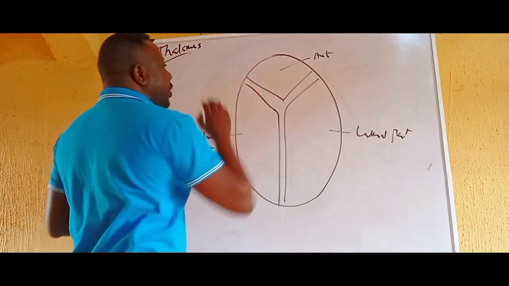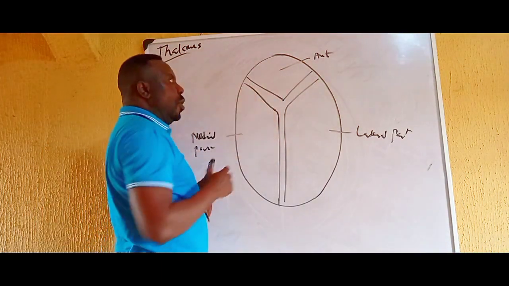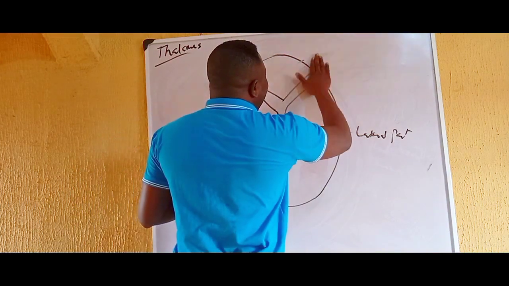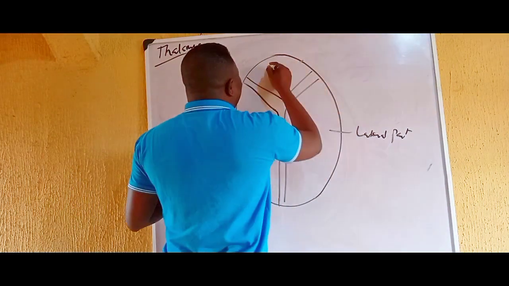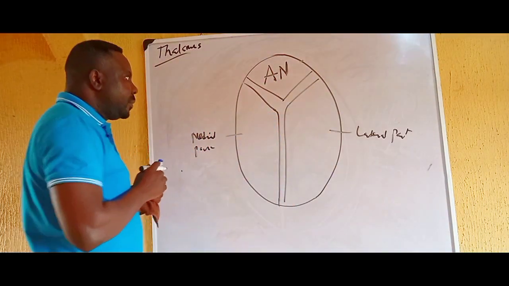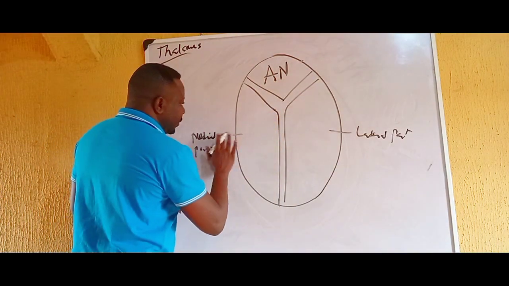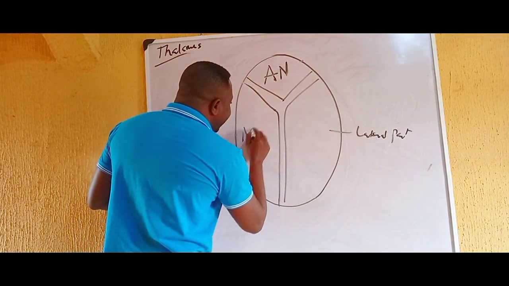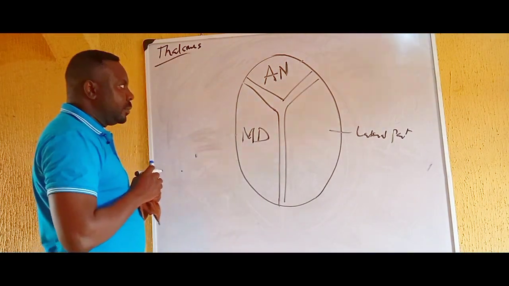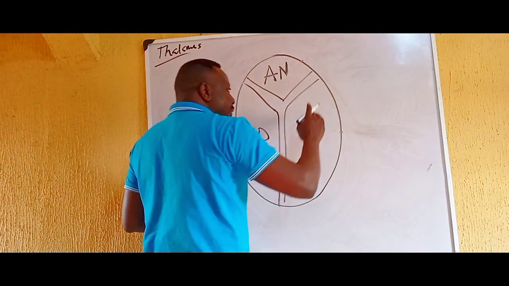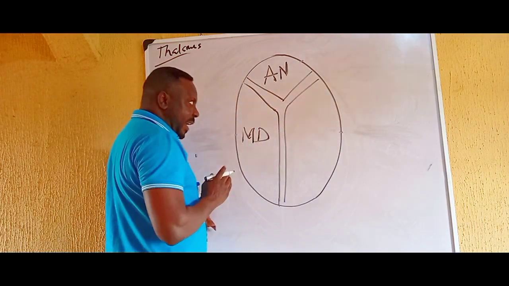Now, the anterior part contains the anterior group of nuclei. So, over here we have the anterior thalamic nucleus. For the medial part, we have the medial dorsal nucleus. The lateral part is divided into the ventral tier and the dorsal tier.